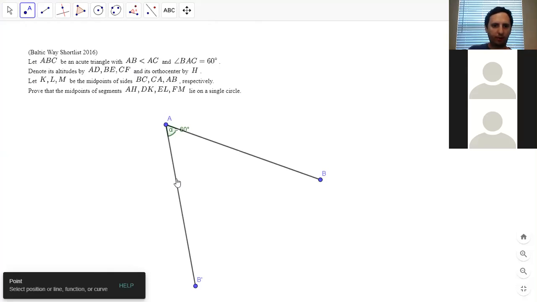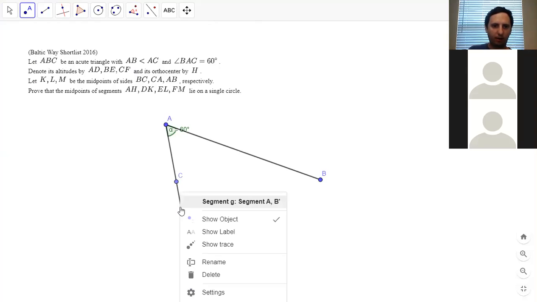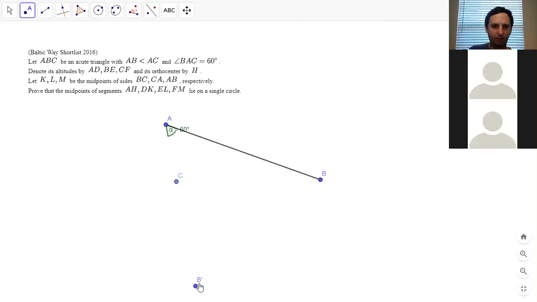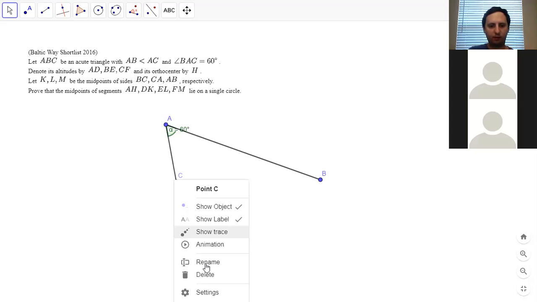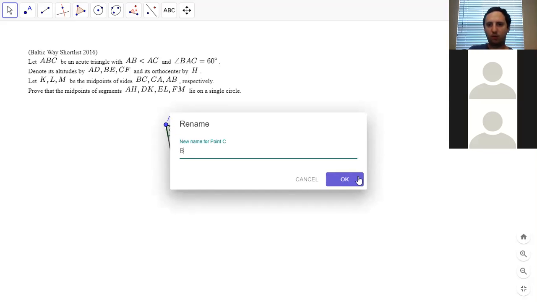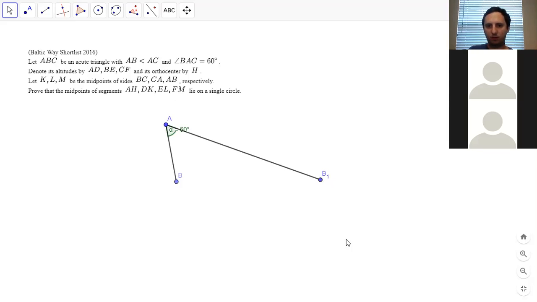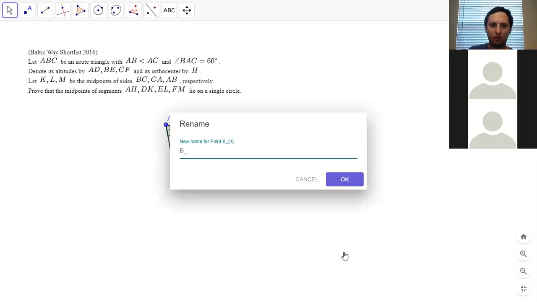So I'll call this point C, and then I'll hide everything. Okay, so all right, so actually, let me make this B and that C. Okay.